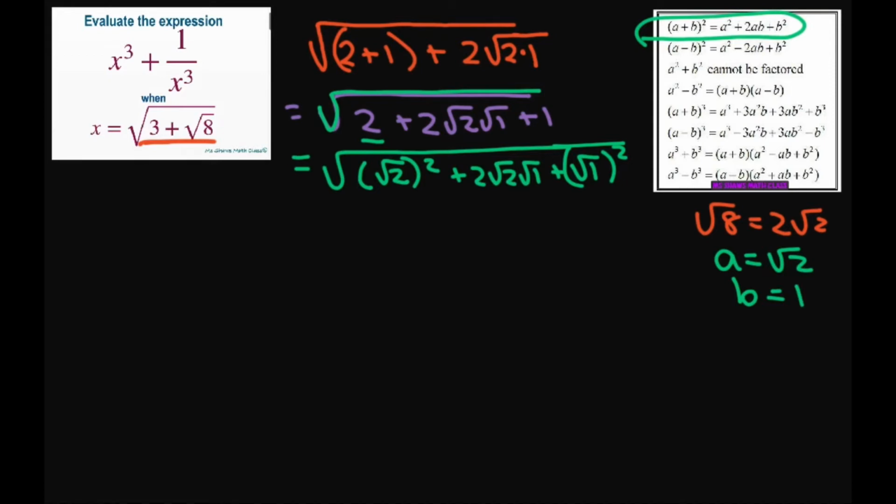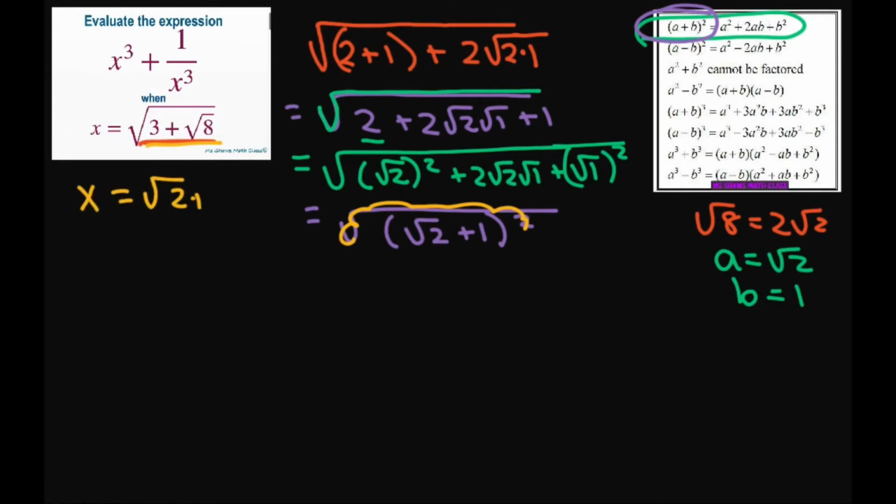And then I'm going to write it in this form. So this is going to be square root of 2 plus 1 squared. And then this goes away because the square of a square root goes away. So this whole thing, x, is just going to equal square root of 2 plus 1.